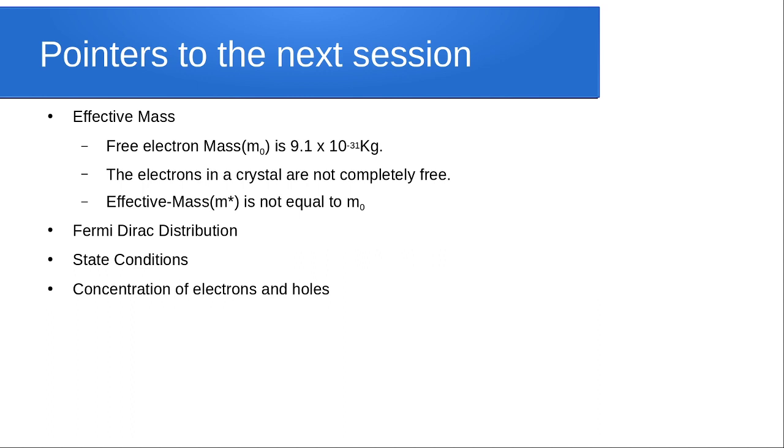We know the free electron has a mass of 9.1 times 10 raised to minus 31 kilogram, denoted by M0. But in a crystal, though we call it a free electron, it is not completely free. So there is a concept called effective mass, M star, which is not equal to M0. We will see this in detail in our next video.